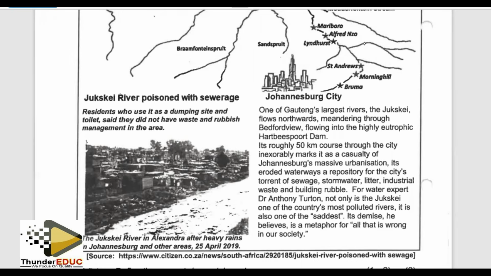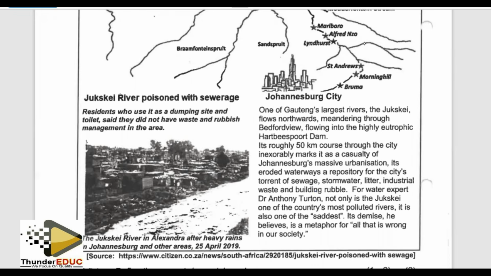Its waterways are a repository for the city's torrent of sewage, stormwater, litter, industrial waste, building rubble. Water expert Dr. Anthony says not only is the Jaskai one of the country's most polluted rivers, it is also one of the saddest. Its demise, he believes, is a metaphor for all that is wrong in our city.